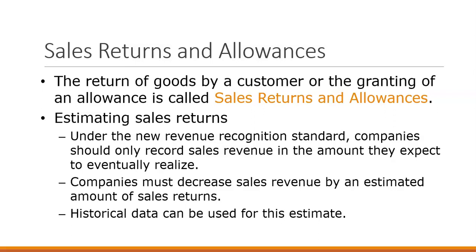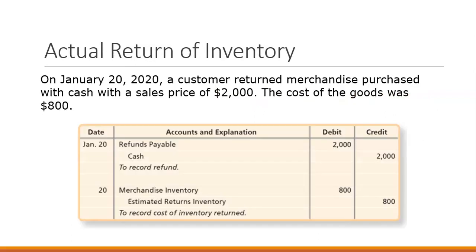So we decrease our sales revenue by an estimated amount of sales returns. So if we know that 10% of everything we sell is going to be returned, then we're just going to automatically account for that in sales returns and allowances.